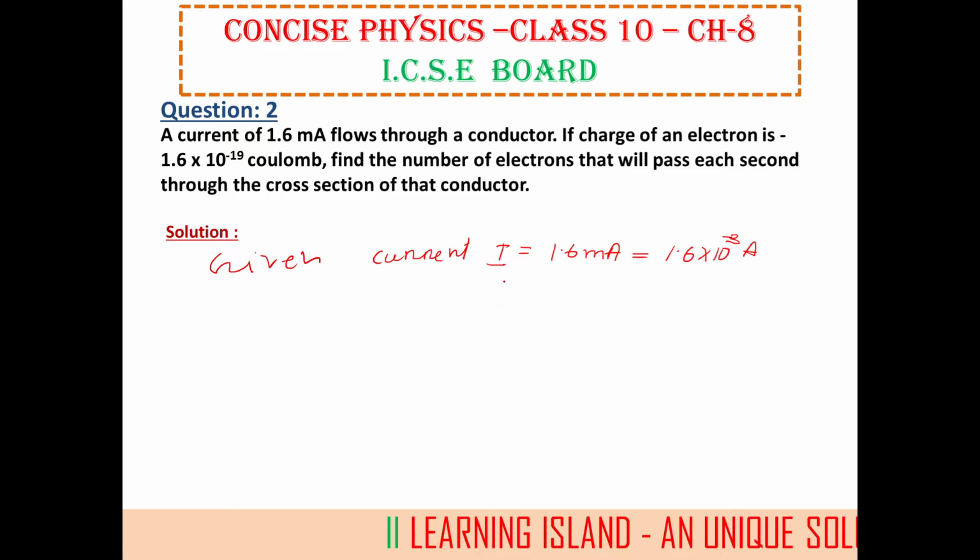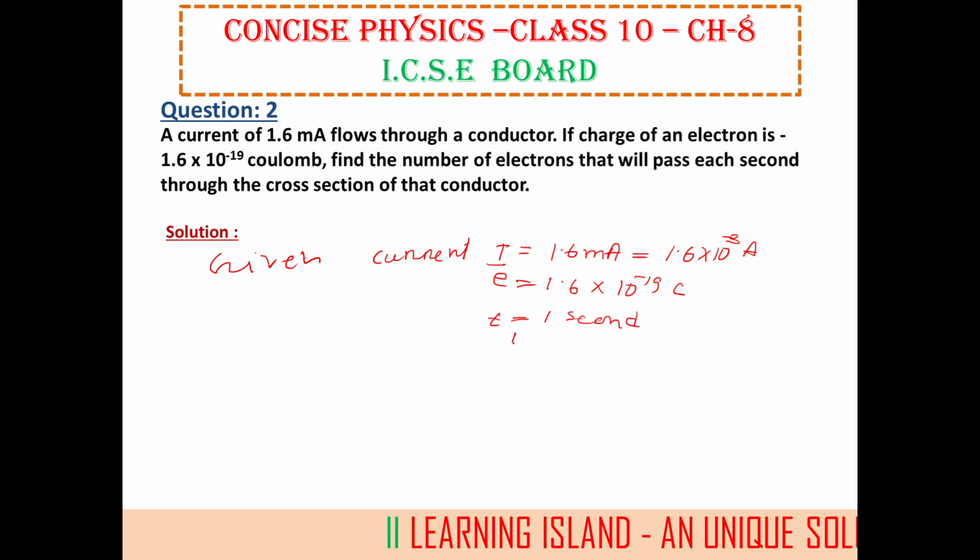And what is given more? The charge of one electron is 1.6 into 10 to the power minus 19 coulomb. Find the number of electrons that will pass each second. So time t equal to 1 second.